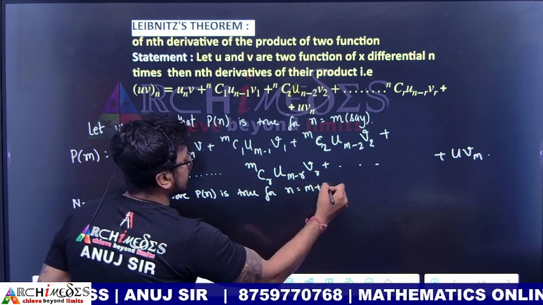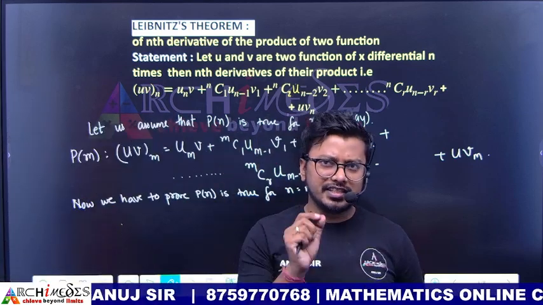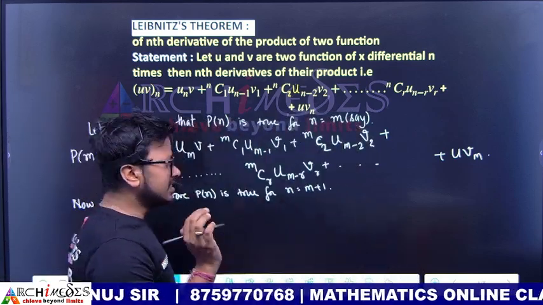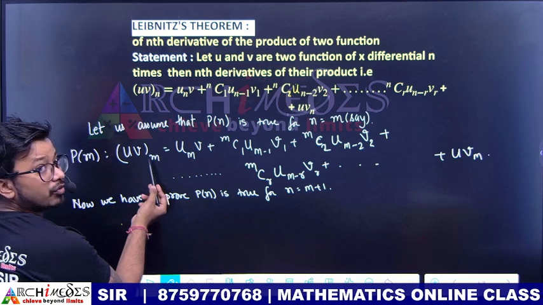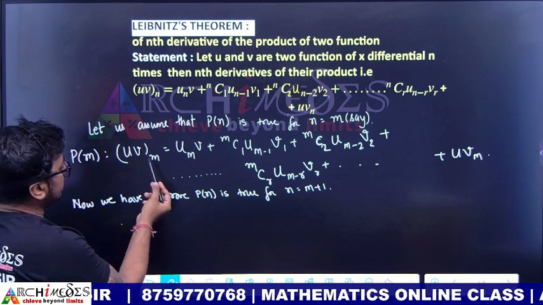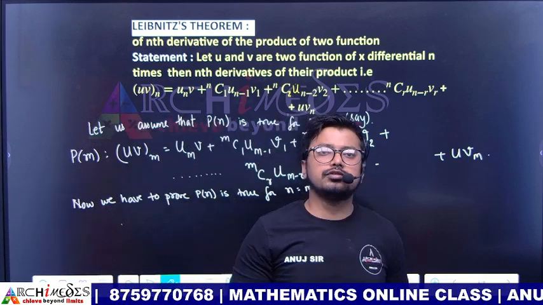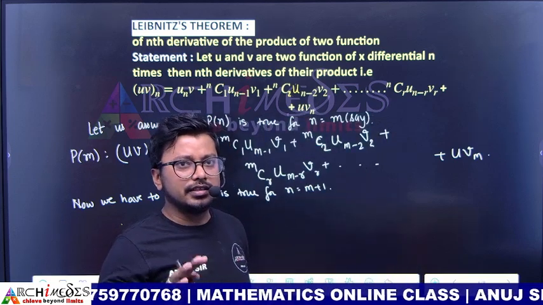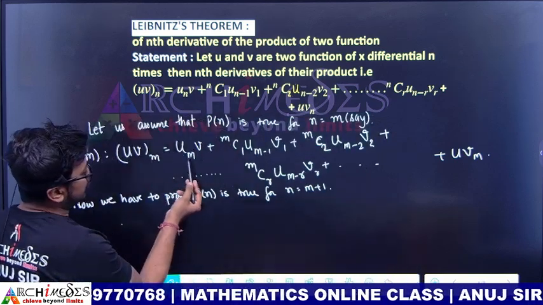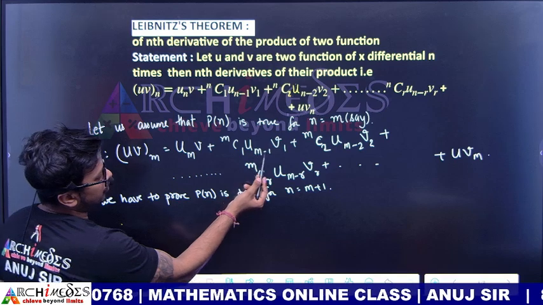Now listen carefully. So look, if it is m plus 1, dear, it should be differentiated one more time, yes or no? How many times should it be differentiated? One more time. So if it is m plus 1, the m should be replaced by m plus 1, and m minus 1 by m plus 1 minus 1, and so on.